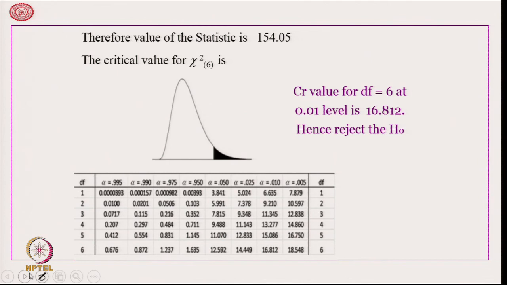Therefore, since for degrees of freedom 6, at 1% level the value is 16.812, we reject the null hypothesis at 1% level of significance. Therefore, quite naturally it has to be rejected at 5% level of significance as well, or in other words, we are not going to accept that this data is coming from a standard normal distribution.